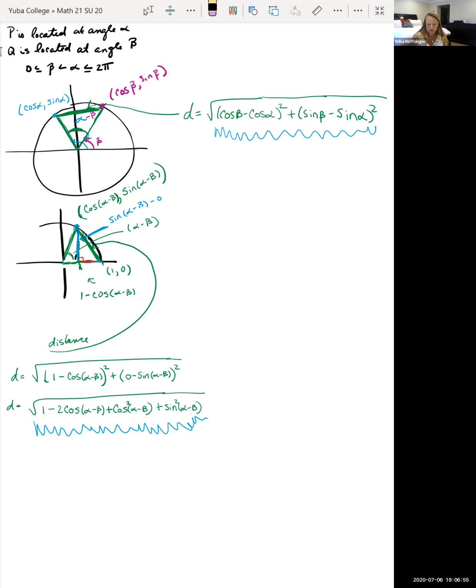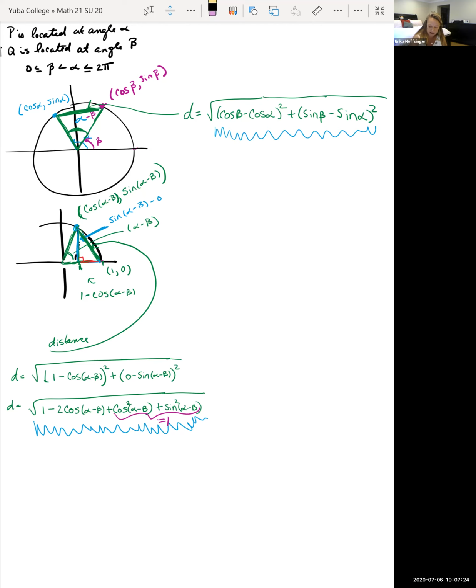So let's use some stuff to simplify. I noticed that cosine squared plus sine squared, if it's the same angle, that's just 1. So we're going to use that fact. And then underneath my radical, for that first distance we looked at, we have 1 plus 1 in here.